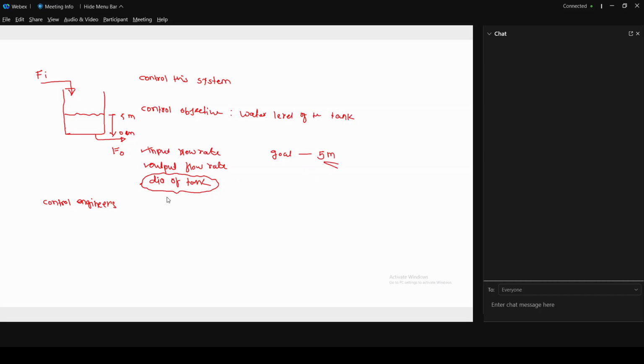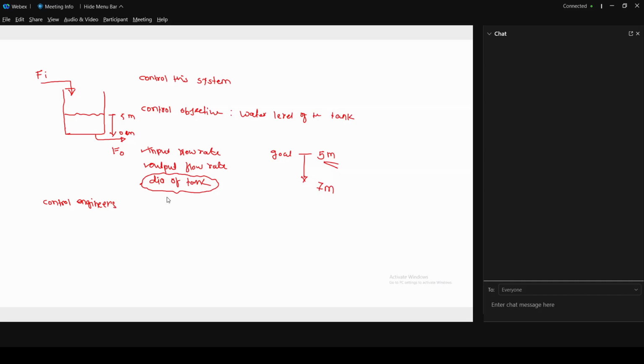Now, let's say the second goal during the operations came to 7 meter. In that case, I cannot change the diameter of my tank. So what I'm trying to tell is that the diameter of the tank is not something which can be changed dynamically, with time.